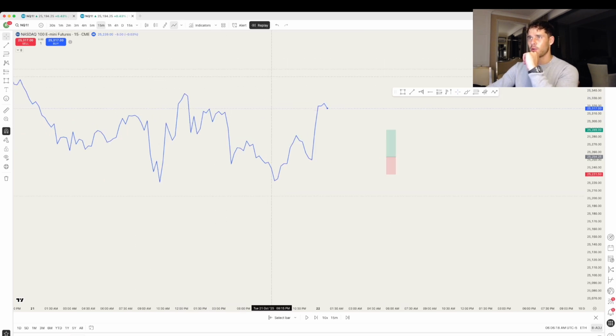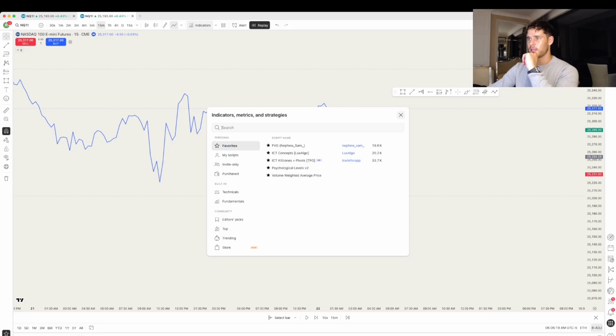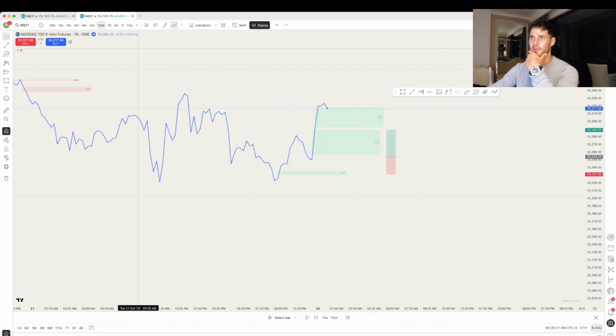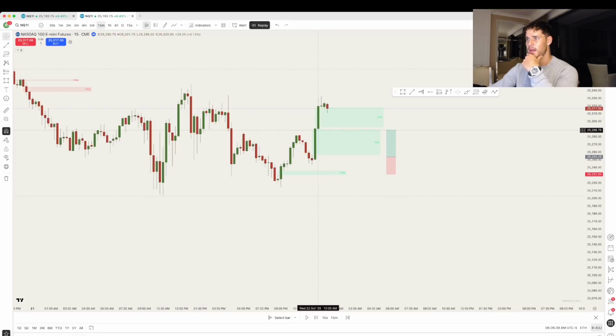The last thing to go over is indicators. All right, so these are the indicators that I use, and these are the indicators that you will use, but for now, just keep it off. We'll go over it when we go through our second meeting, most likely, and then we'll go through all the different indicators to make sure that you understand it. But the FVG indicator, very simply, will just automatically put out the FVGs, so it's super easy.